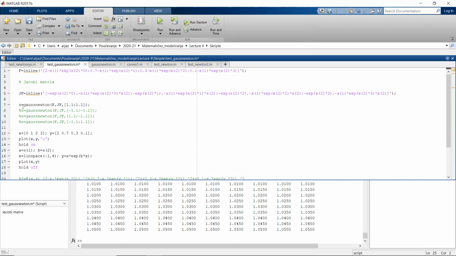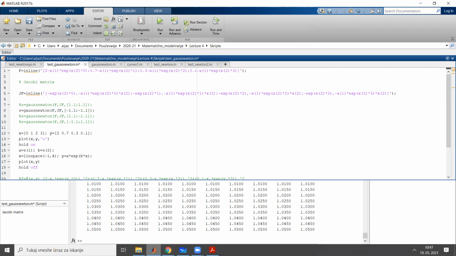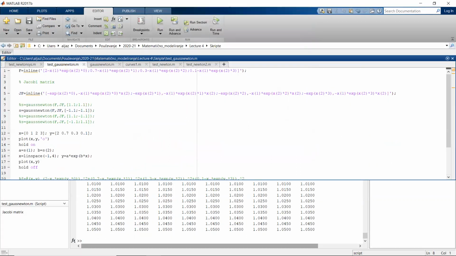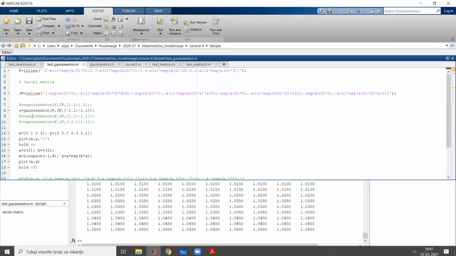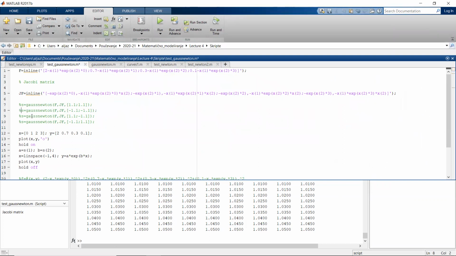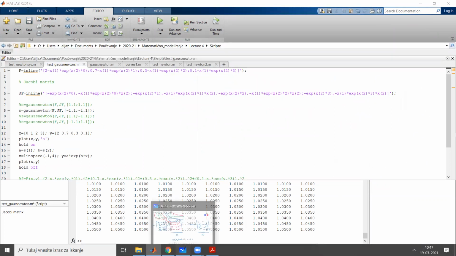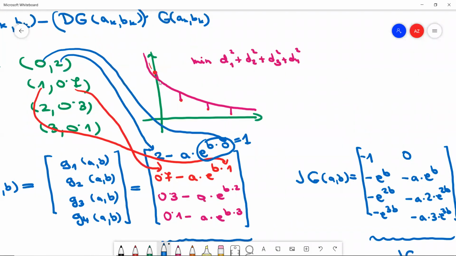Let's try with another, say, -1, -1. Now we know from the graph that A must be negative. So for our function A times e to the power of bx, B must be negative.